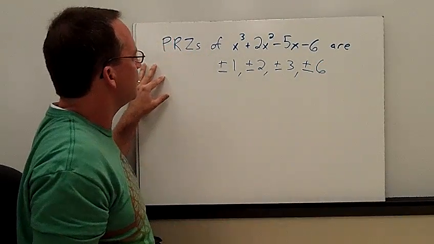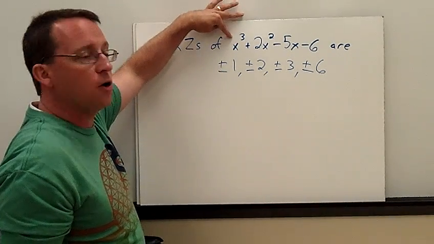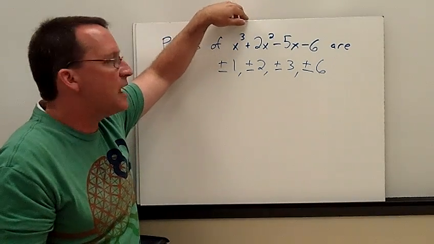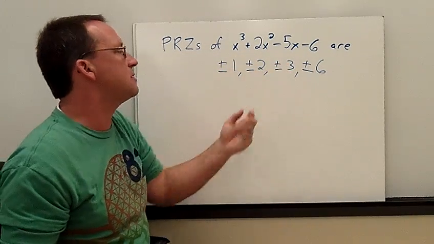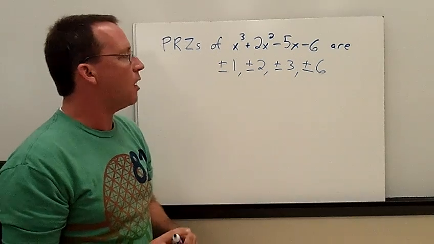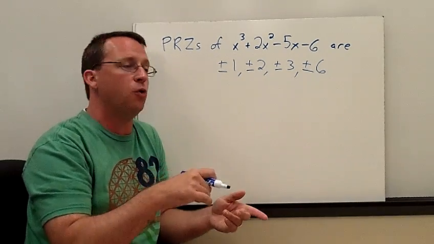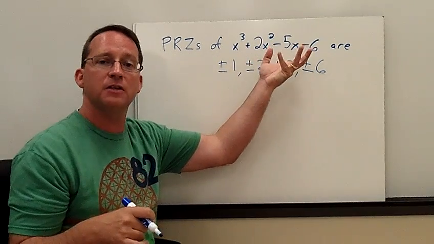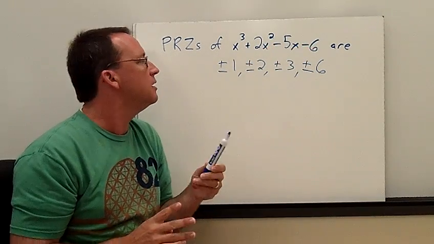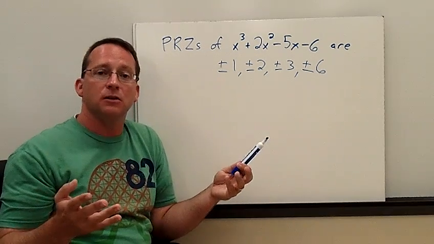I think that's everything. I divide by any factors of a leading coefficient, but that leading coefficient is just 1, so there's nothing to divide by in this case. This is my entire list of possibilities. Those 8 numbers are my possible zeros. Those might be the answers to my original question of where the graph of this polynomial would cross the x-axis. All I have to do is figure out which of those 8 would be the solutions.